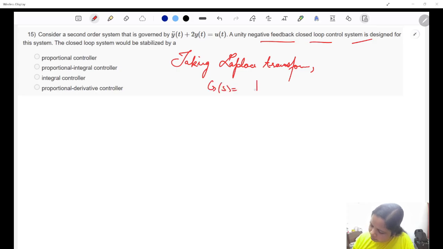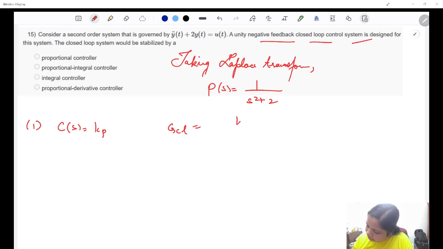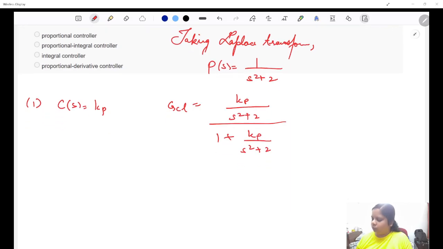Your plant transfer function P(s) would be 1 upon S square plus 2. Let's take the first option into account and say that my C(s) is Kp. So your closed loop transfer function G_CL would be Kp upon S square plus 2, upon 1 plus Kp upon S square plus 2. Let's solve this: Kp upon S square plus 2 plus Kp.